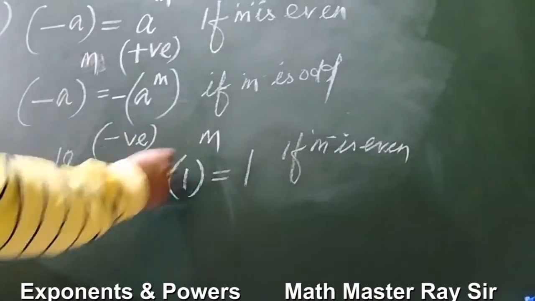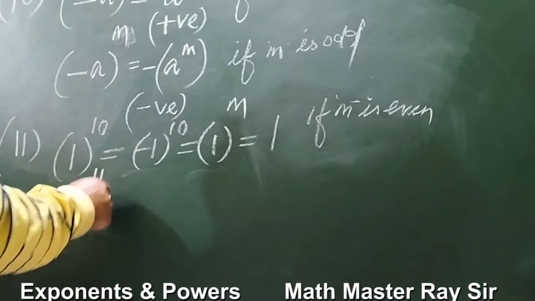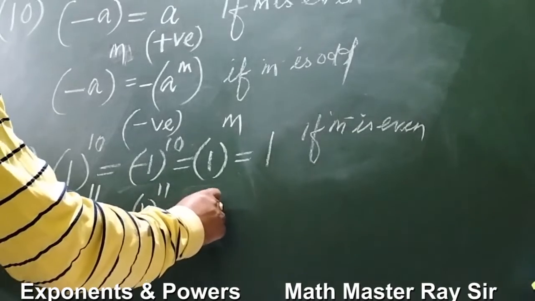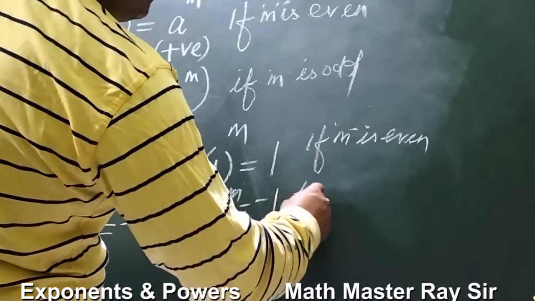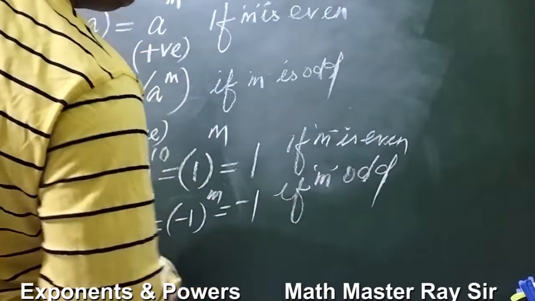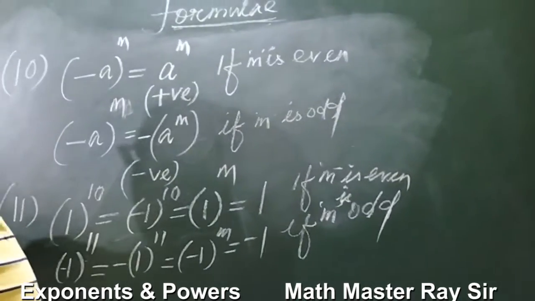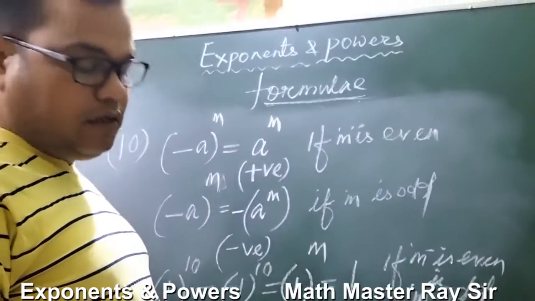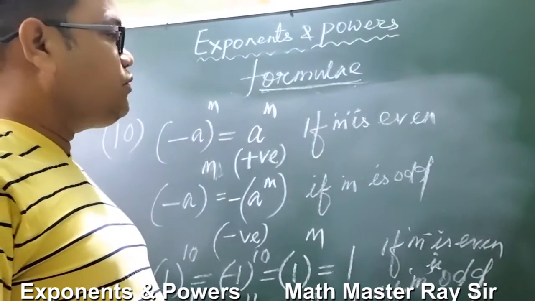If m is odd, minus 1 to the power 11 or minus 1 to the power m, the result will be minus 1. So remember all of these 11 formulas I have given. The other things will be explained very neatly while solving the problems.